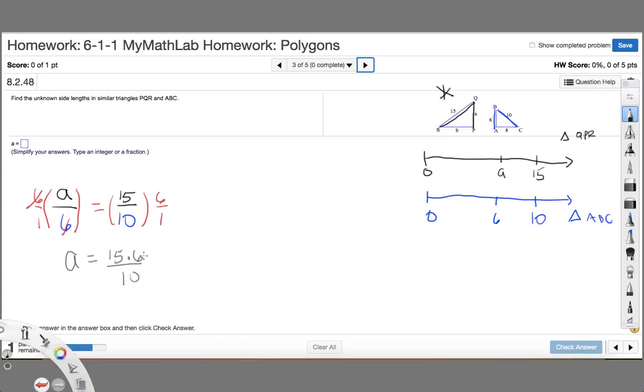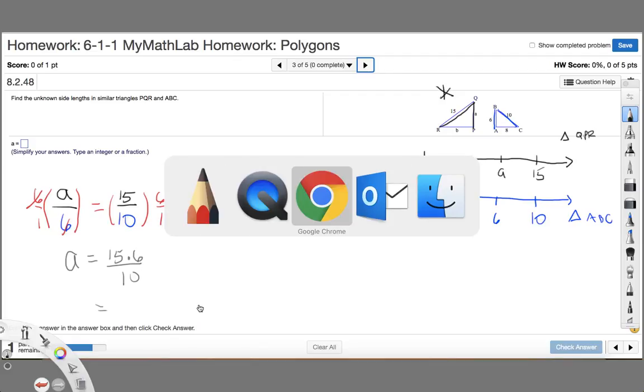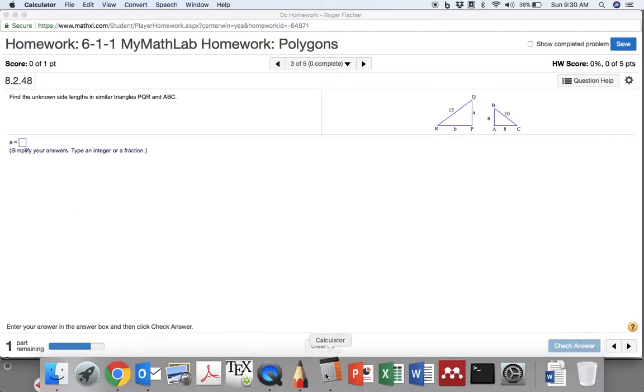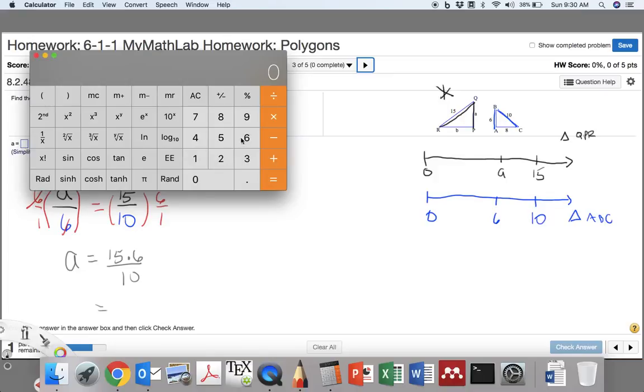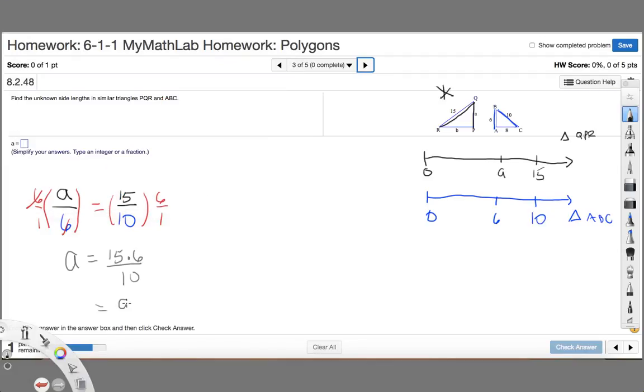And so get out your calculator. 15 times 6, I think, is 90. And then, of course, divide by 10, we get 9. So A has to be 9.